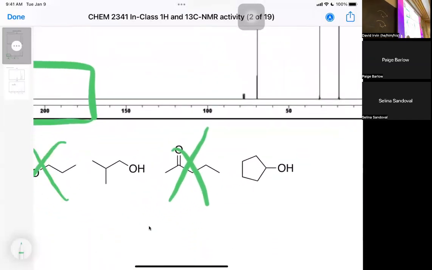Now we have to figure out how many signals we're going to get for each of these. We're going to look at how many carbon signals and how many hydrogen signals. I'm going to do the hydrogen signals on the top here. We're going to have 1 hydrogen signal, and these are going to be the same. Do we agree? Methyl groups attached to the same carbon with a hydrogen on it, so I think they're the same.